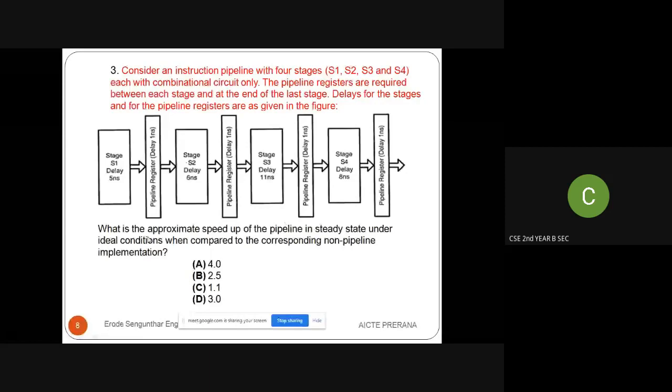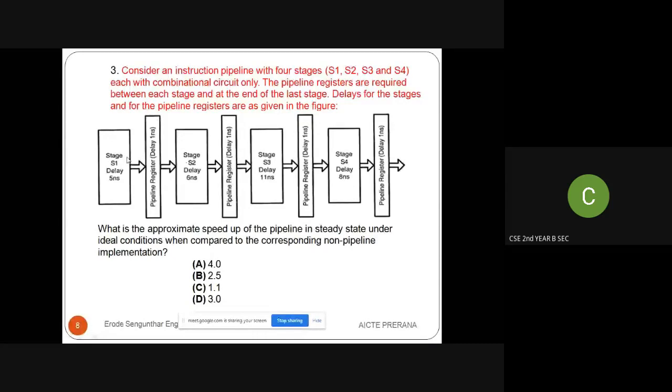These four stages are involved in the instruction pipeline. That is what is given in the question. The delays for the stages and the pipeline registers are given in the figure. So consider this diagram: stage 1 with a delay of 5 nanoseconds.